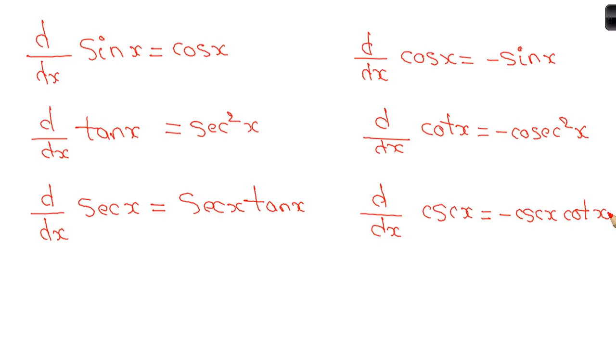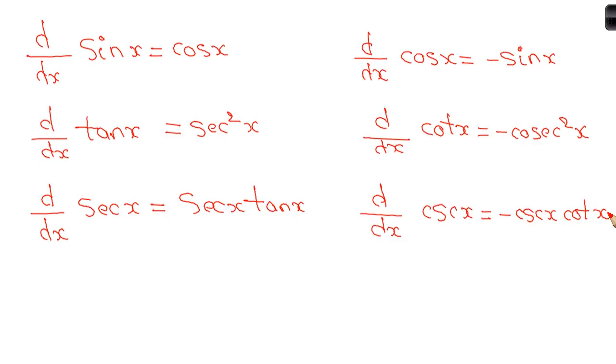What can you observe from what I have written on the whiteboard is that the derivatives of all the co-functions, like cos x, cot x and cosecant x, are negatives and the others are positives. So this will help you a lot to remember these differentiation formulas. There is no confusion anymore.